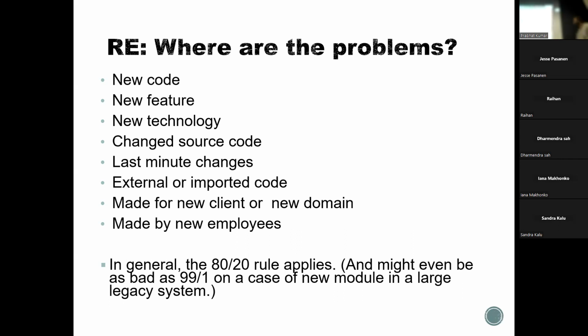So you have imported different libraries made for a new client and new domain, made by new employees. Made by new employees means the people who are developing are new and don't have domain knowledge. Made for a new client means you are developing for a new client who has not given you the right requirements, and because they have not given you the correct requirements, the whole software has bugs. Made by new employees means the whole software is being developed by a team in which most of the people are new.